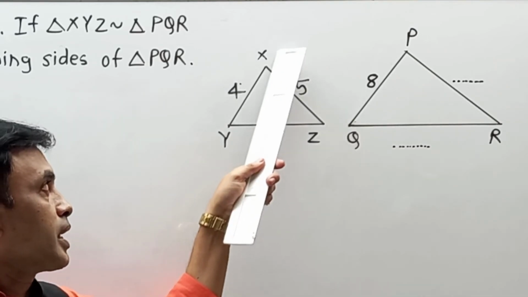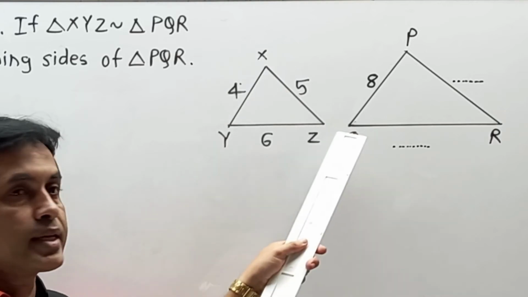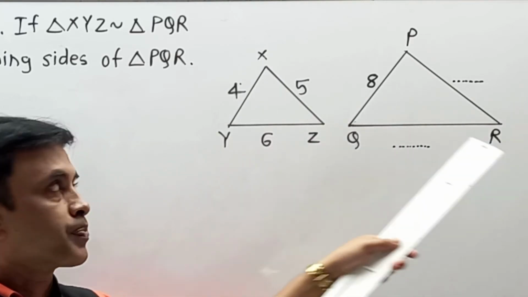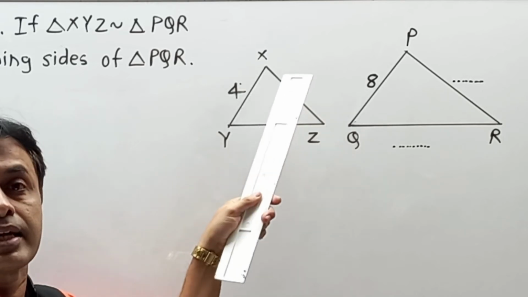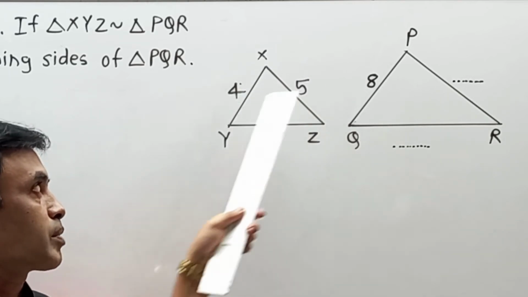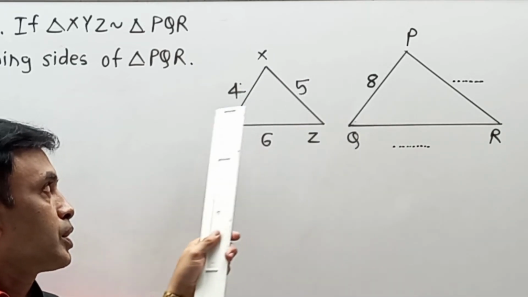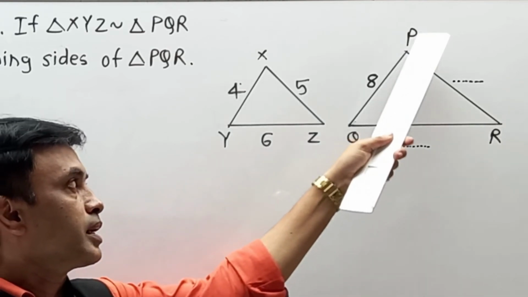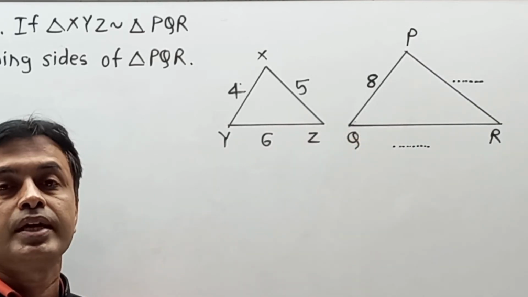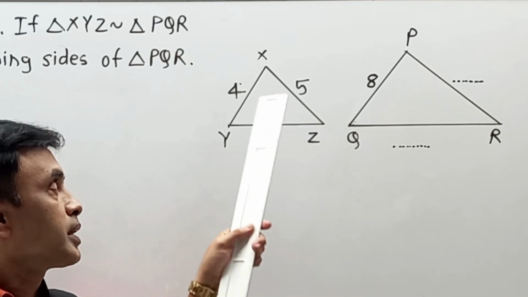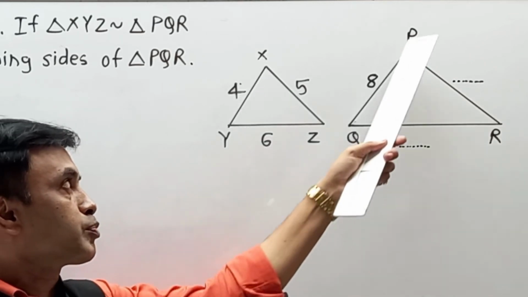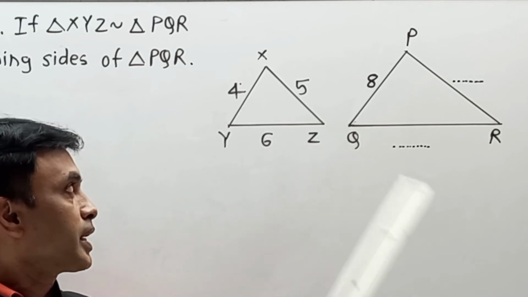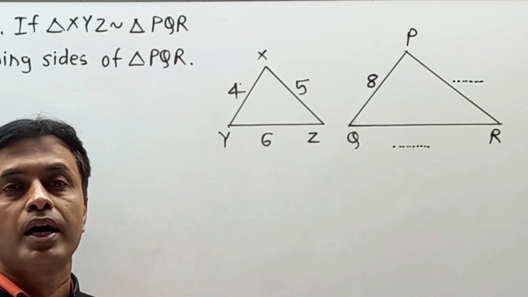Means if triangle XYZ is similar to triangle PQR, then XY upon PQ is equal to YZ upon QR is equal to XZ upon PR. XY is 4 and PQ is 8, given. With the help of that, we can easily calculate the proportionate value of the other two sides.